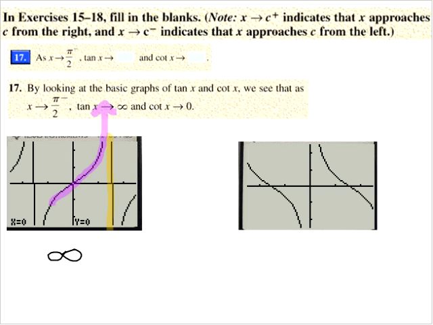Now, in the cotangent graph, what is your line approaching as it gets closer to pi over 2? That pi over 2, this time highlighted in yellow, is right there. What is our graph approaching from the left? On the left-hand side of that line, as I get closer and closer to the yellow line, my graph is getting closer and closer to 0.